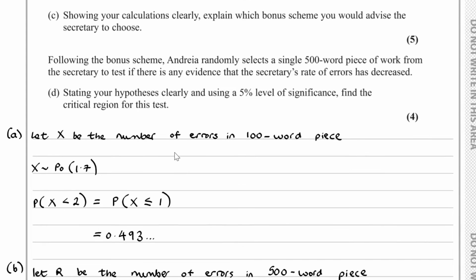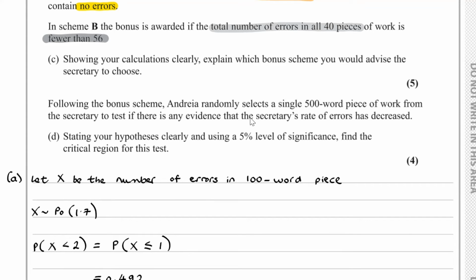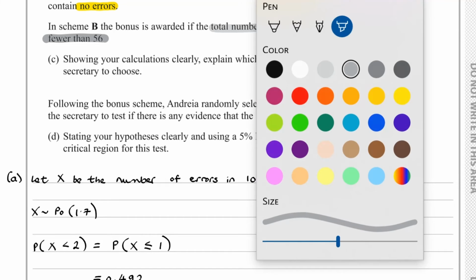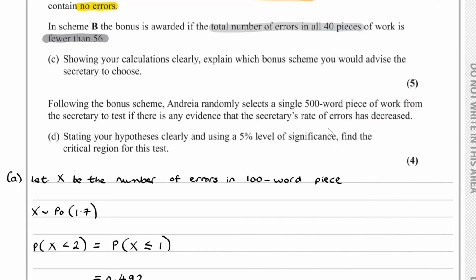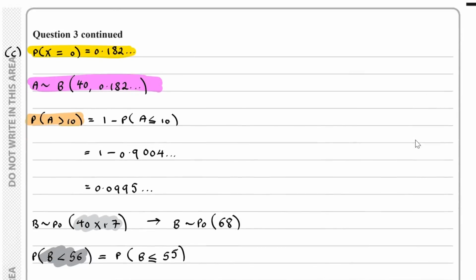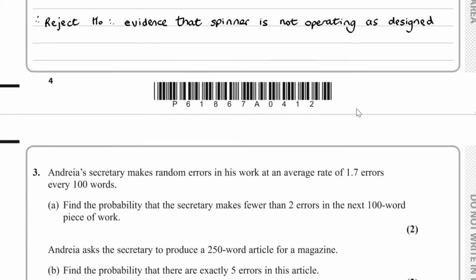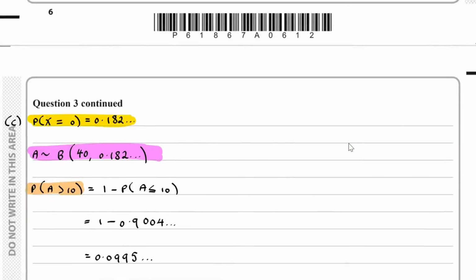So what we're looking at over here is to see if the rate of errors has decreased. Currently we know the rate of error is 1.7.